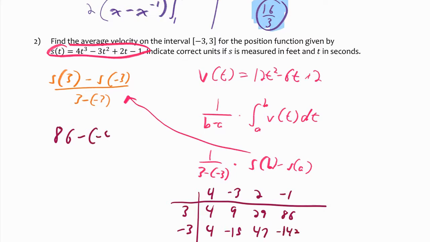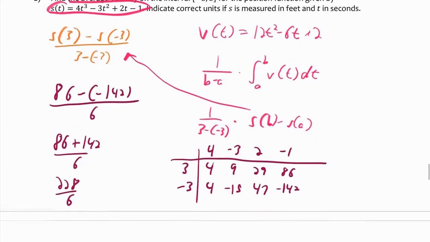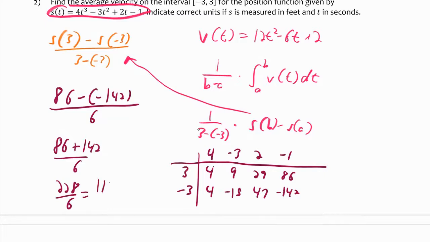So 86 minus negative 142 all over 3 minus negative 3 is 6. So I get 86 plus 142 over 6, or 228 over 6, which would be 114 over 3, which would be the same as 38. And you want the units, so average velocity, this would be 38 feet per second.